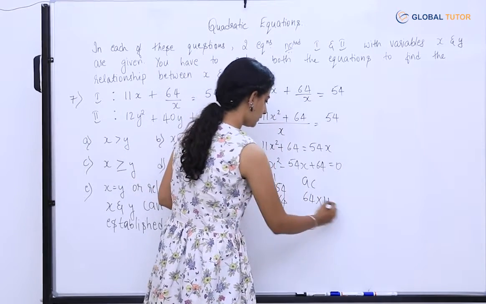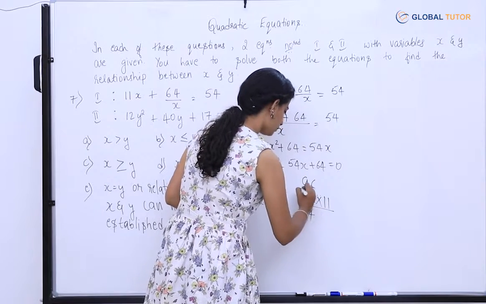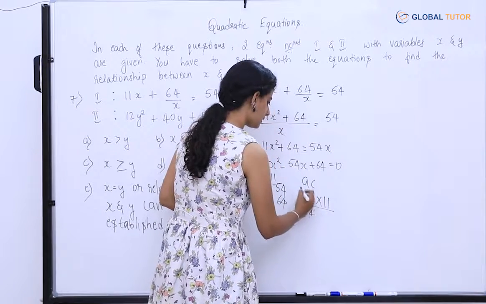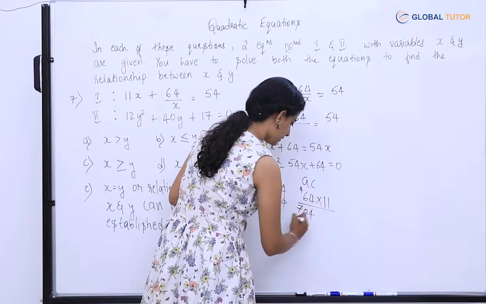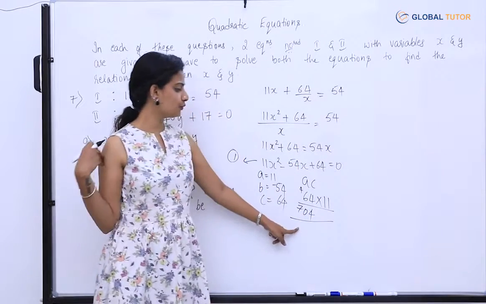64 into 11. 11 4s are 44. 11 6s are 66. 66 plus 4 is 70. So 704.